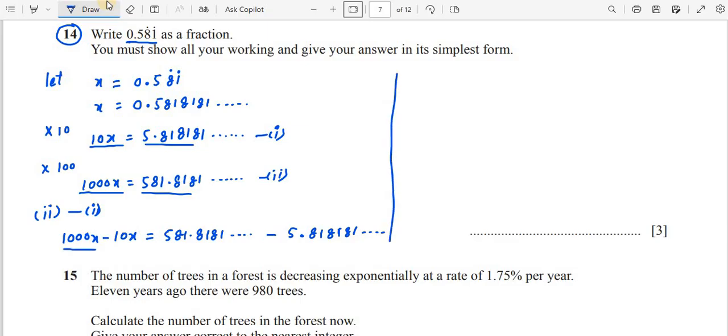So 1000x minus 10x is 990x is equal to 581 minus 5. We get 576.